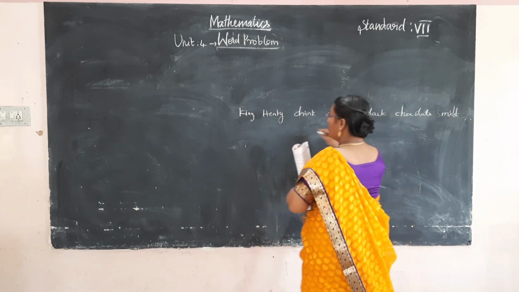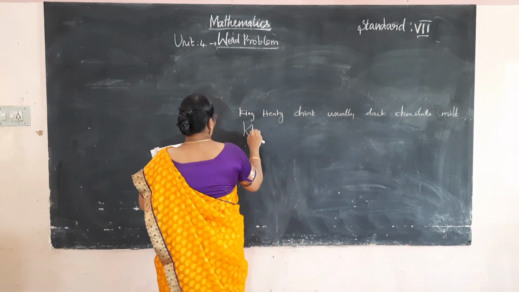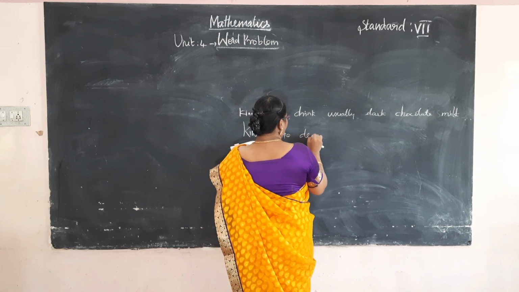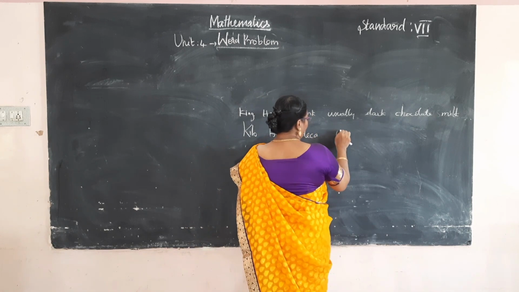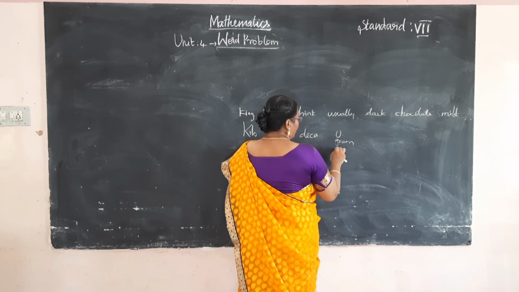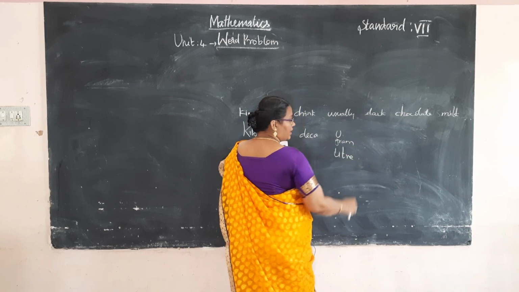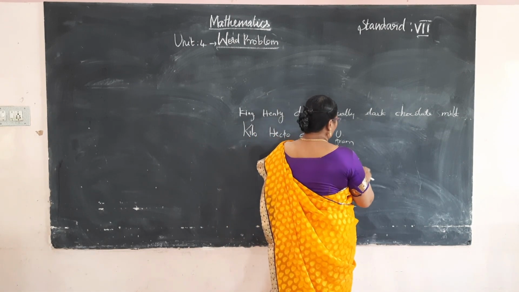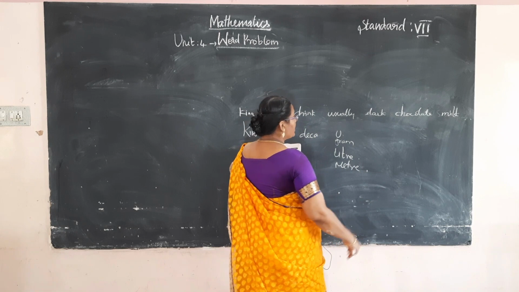So what is the meaning of king? Kilo, hecto, deca. And the units: gram, liter, and then meter. These are all the common units.